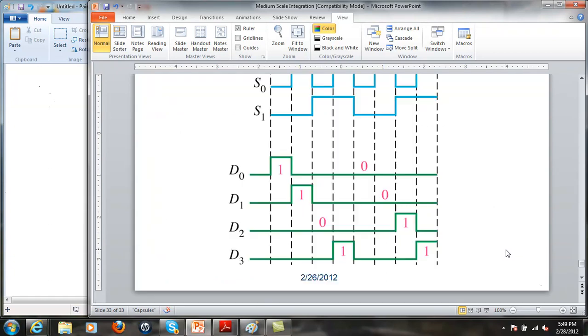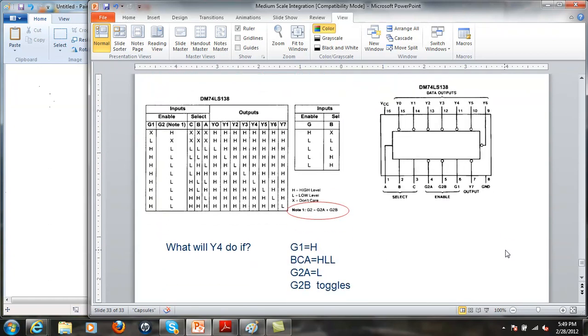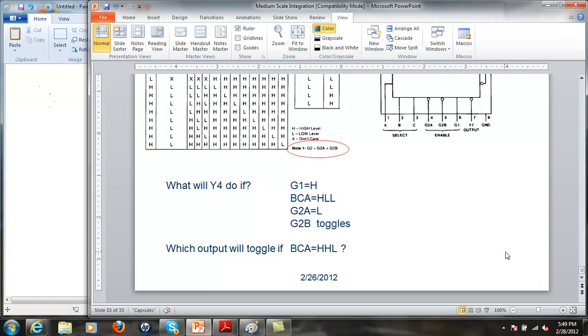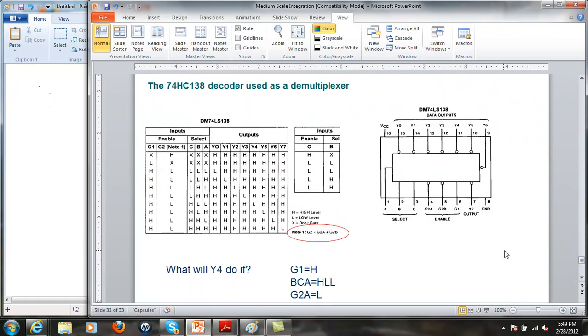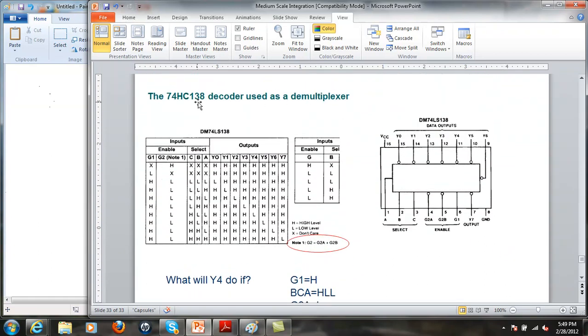Okay, the last thing we'll talk about is a demultiplexer. And the demultiplexer is just the 138 decoder.